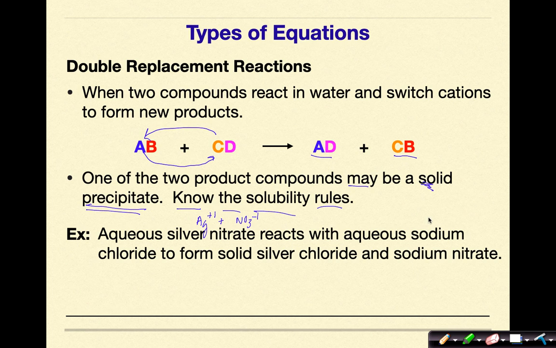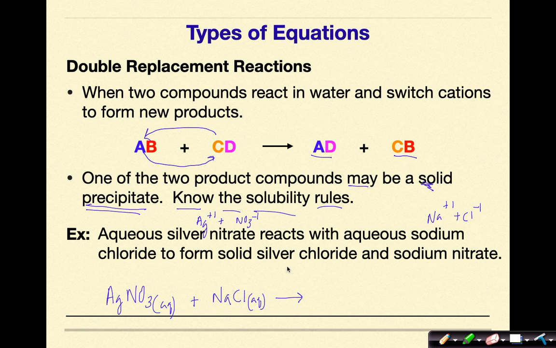It reacts with aqueous sodium chloride, that will be Na plus 1, Cl minus 1. Therefore, let's write a 1-to-1 ion ratio for silver nitrate. We're told it's aqueous, and your solubility rules with these two ions also tell you that silver nitrate is an aqueous species. Sodium chloride is, of course, soluble in water, aqueous.